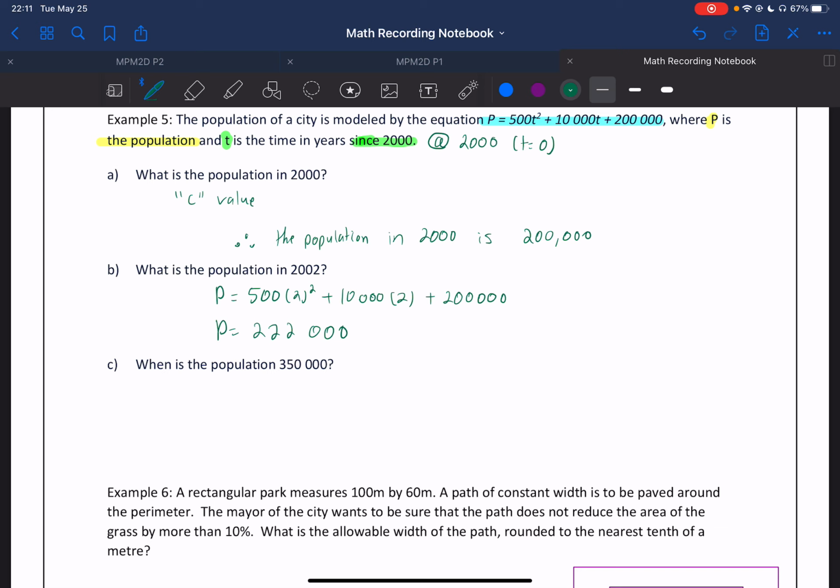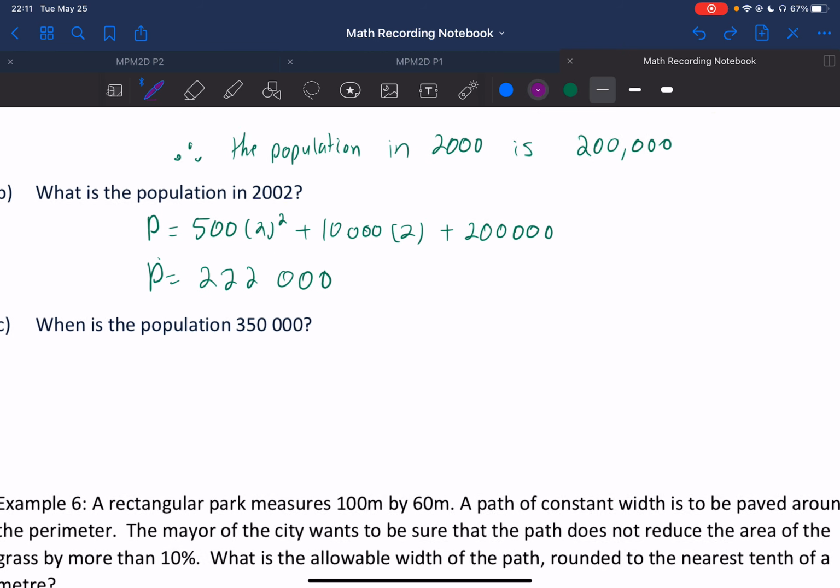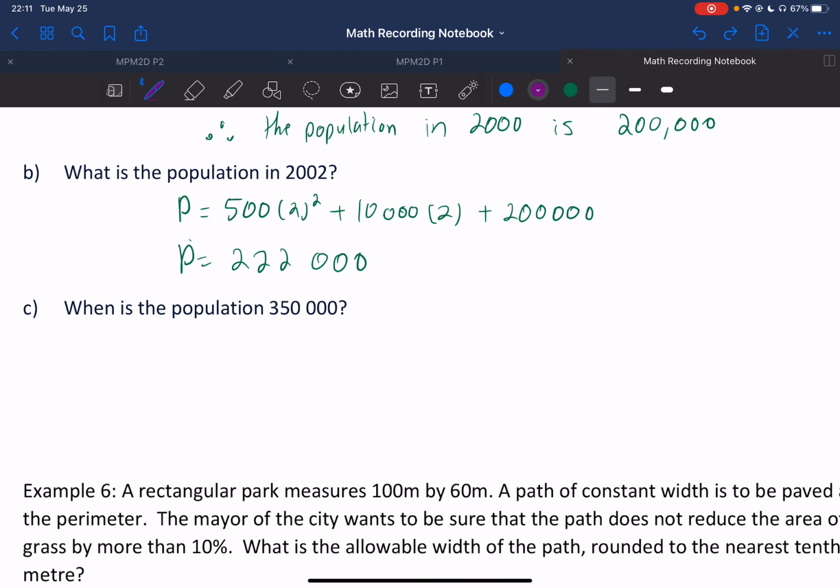Next question is, when is the population 350,000? So that means we're going to now put where P is a population. So in this case, what we're going to do is 350,000 equals 500t squared plus 10,000t plus 200,000.